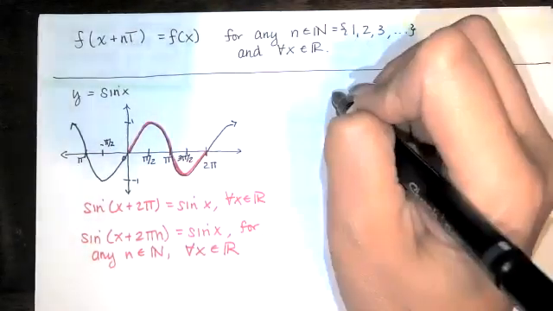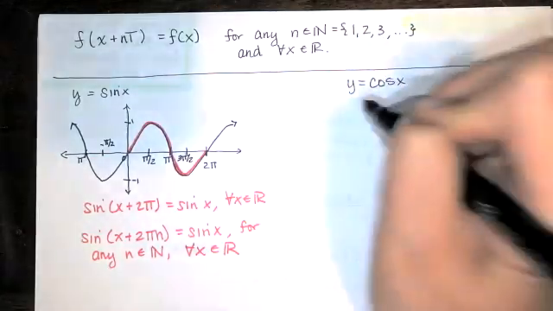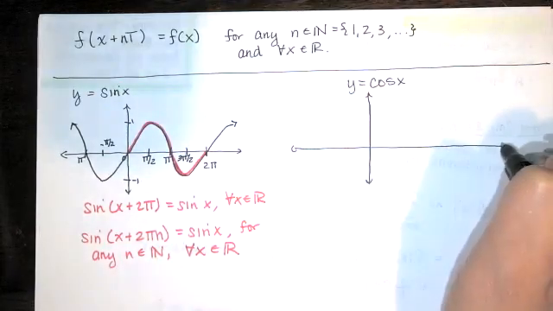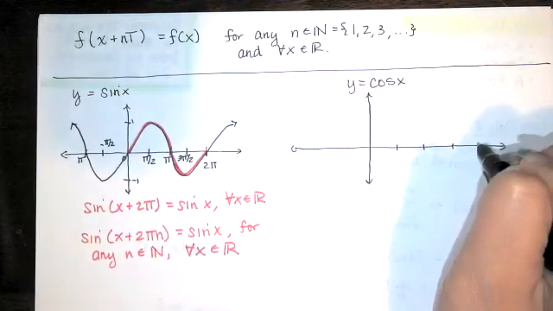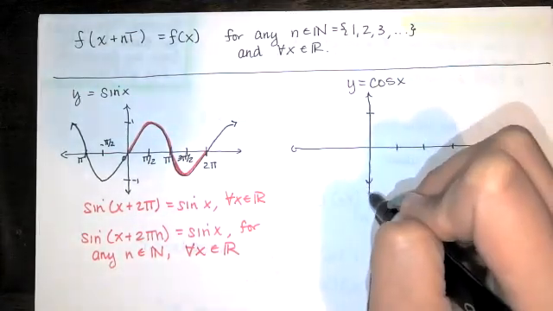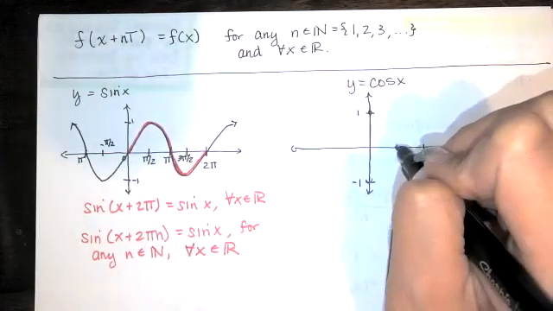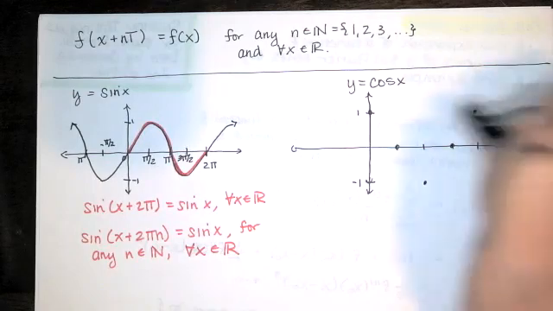And of course, these are still true for a cosine function, which is over here. Now, cosine looks very similar. It starts at 1, and then it goes to 0, then it goes back to -1, then it goes up to 0, and then it comes back to 1.